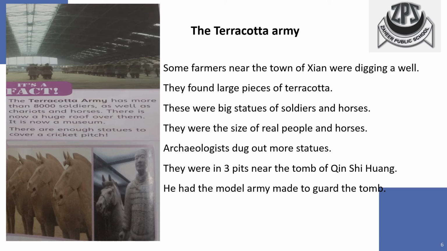In the Terracotta Army, there were more than 8,000 soldiers, and there is now a huge roof over them, and it has been kept as a museum. They are very large in quantity, and there are enough statues to cover the whole pitch of a cricket ground.